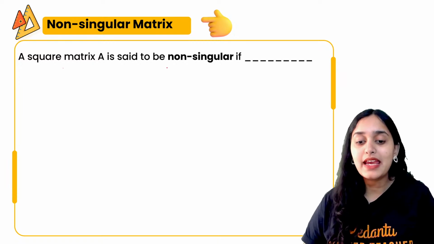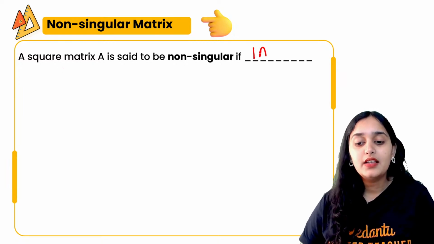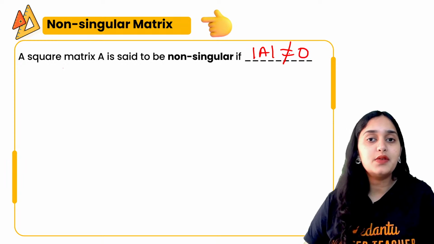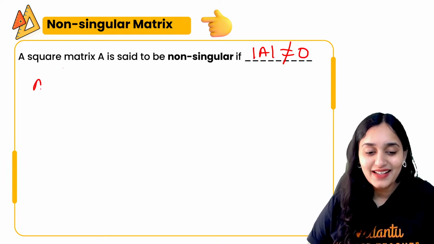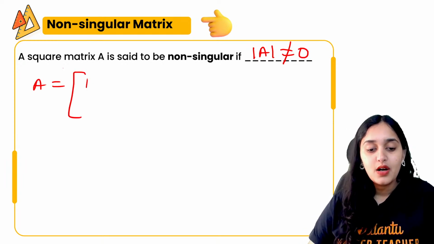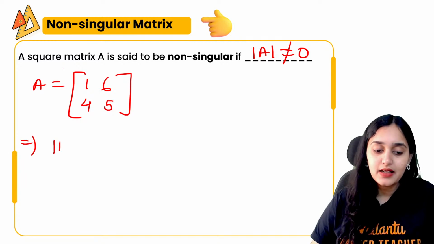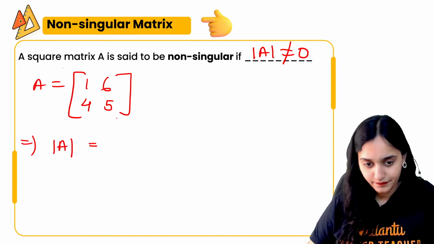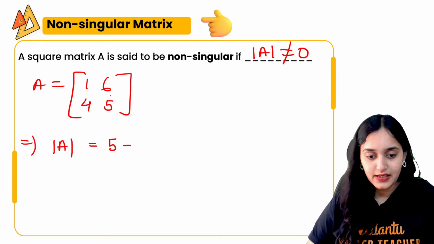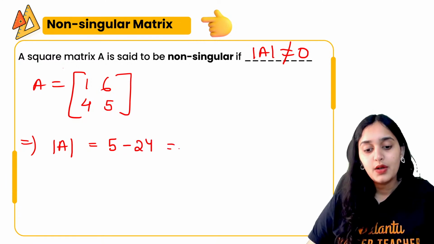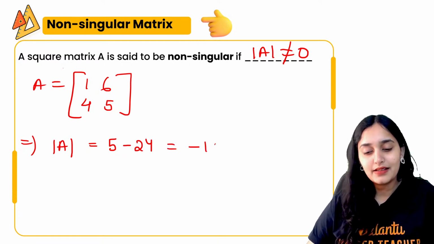Next, non-singular matrix. A square matrix A is said to be non-singular if the determinant is not equal to 0. So, if your matrix is of the form, let's say 1, 6, 4, 5, this implies that determinant of A is 5 ones are 5, 6 fours are 24, which is minus 19.